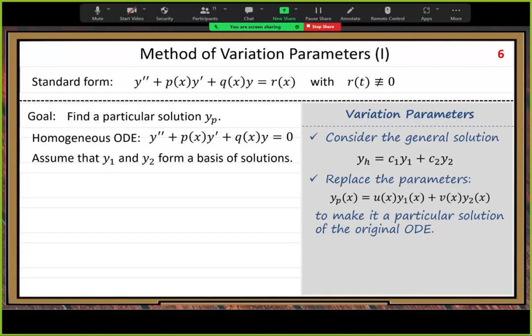Now let's take the first derivative. After you assume your YP has this form, you can take the first derivative, with the product rule on the first product and the product rule on the second product.